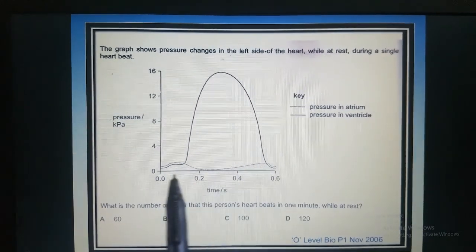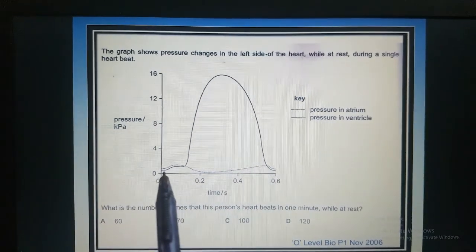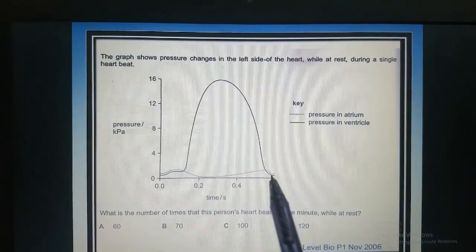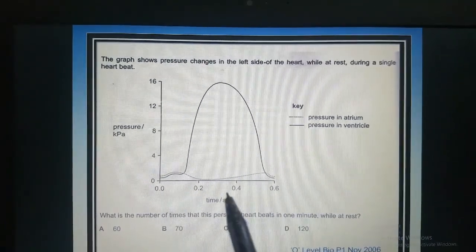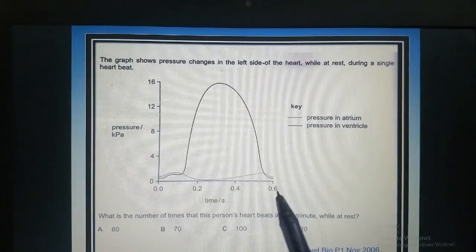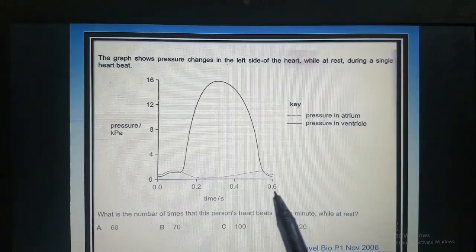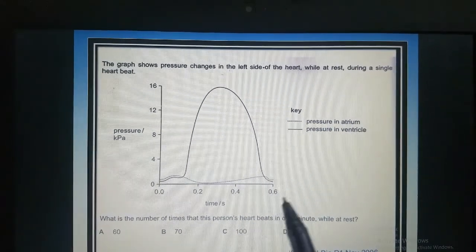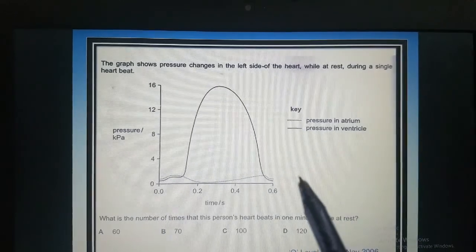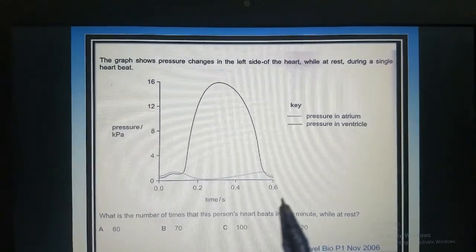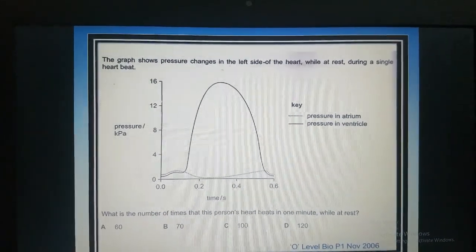So here it is a complete heartbeat starting from this side till atrial contraction, and then it ends here, so that from this part another cycle starts. Now from 0 to 0.6 it is in seconds, right? So you have to check. How can you check? You have to divide 60 by 0.6, and you will get the answer.